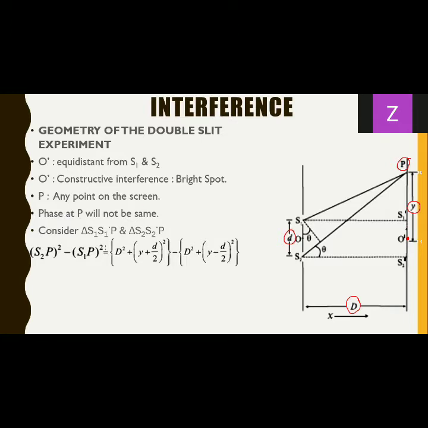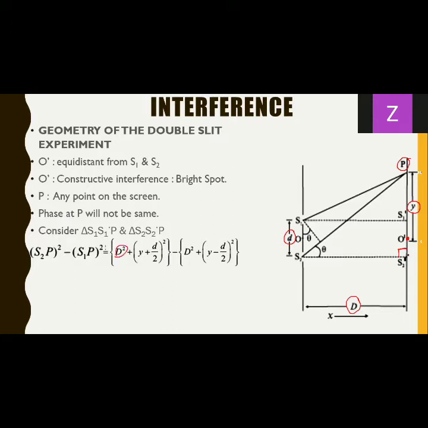For S2P, I'll show you how it happens. This is what we have. Perpendicular. So S2P square will be S2 S2 dash square plus S2 dash P square, by Pythagoras theorem in that particular triangle. And S2 S2 dash square means D square. So we have D square over here.